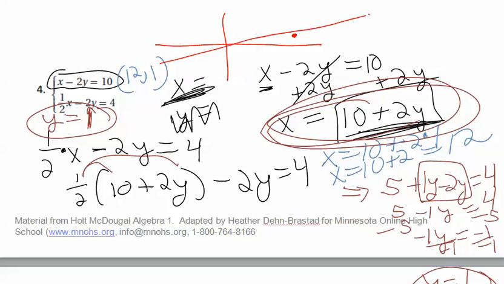That's x equals 12 and y equals 1. So when you solve by graphing, it's the same answer that you'll get when you solve by substitution. In solving by substitution, you just skip the graphing part and use algebra to find the solution. They are the same solution.